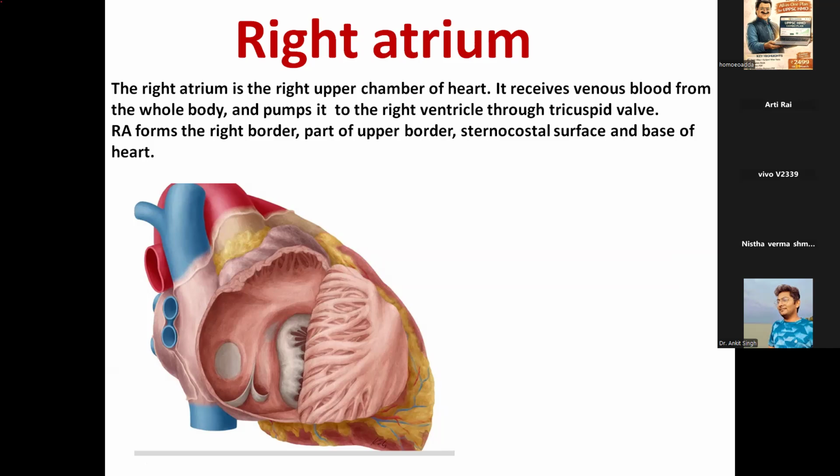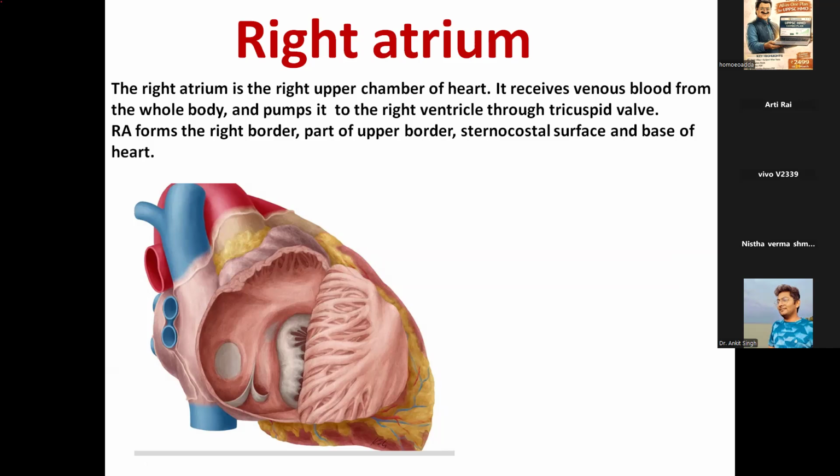So it also contributes to the sternocostal surface and the base of the heart. The base of the heart, you remember, is formed by two chambers, the left and the right atrium. So it contributes in forming two borders, the right border and upper border, and two surfaces, the sternocostal surface and the base or posterior surface of the heart.